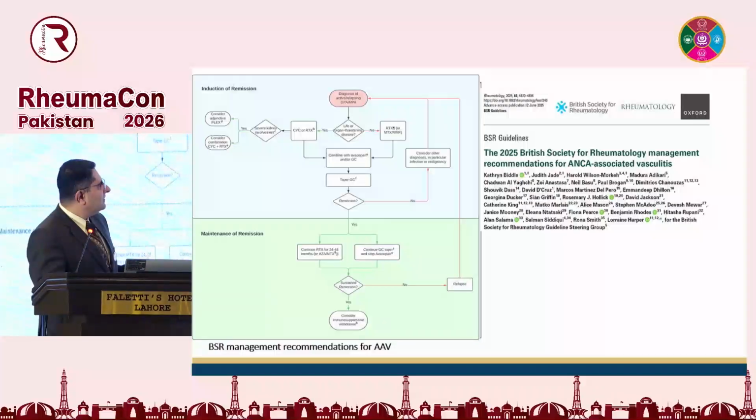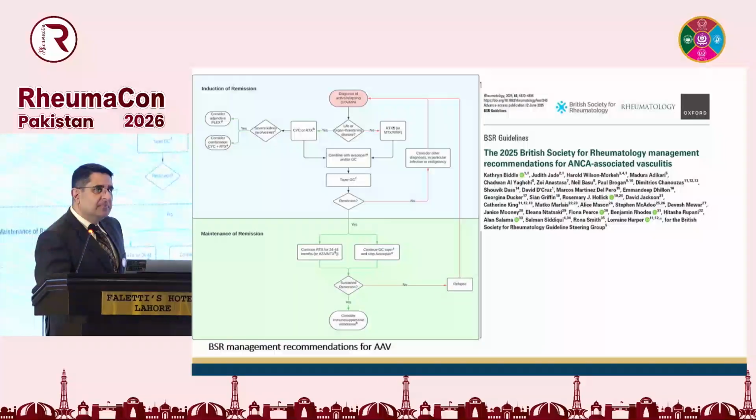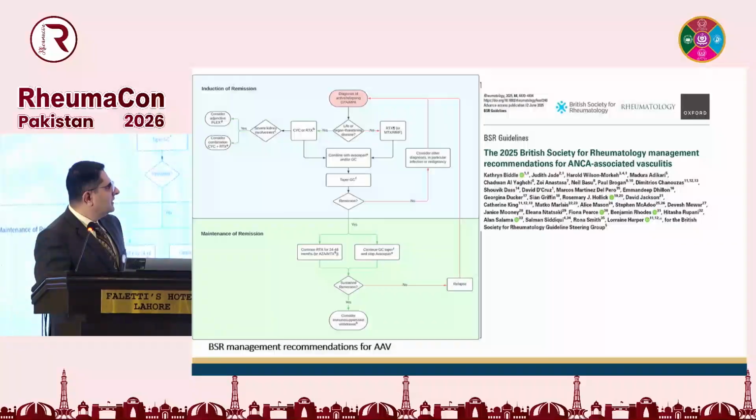And again, we have life-threatening and non-life-threatening disease, for which we have separate algorithms. But we can always skip glucocorticoids now.